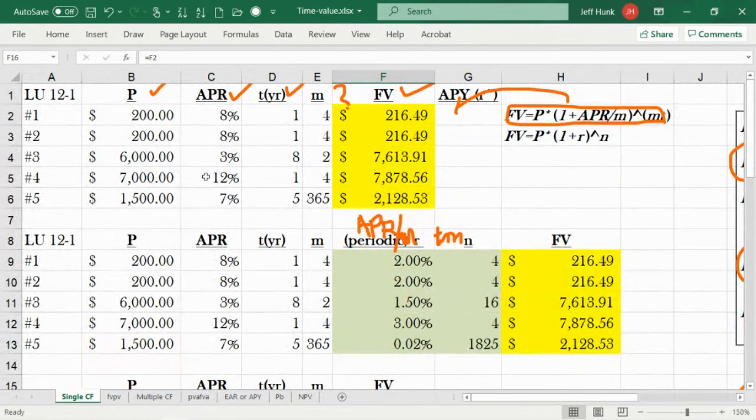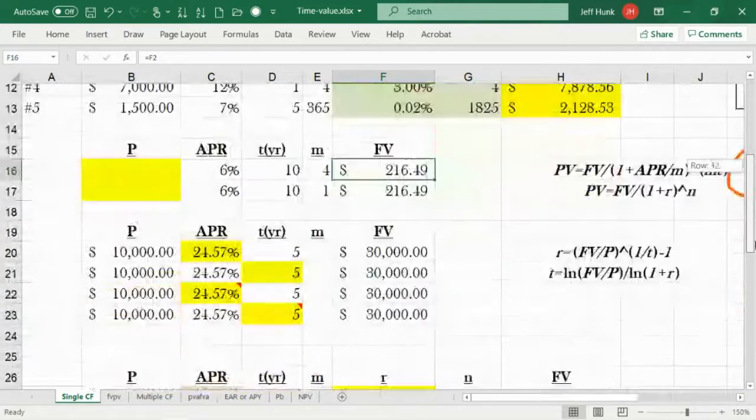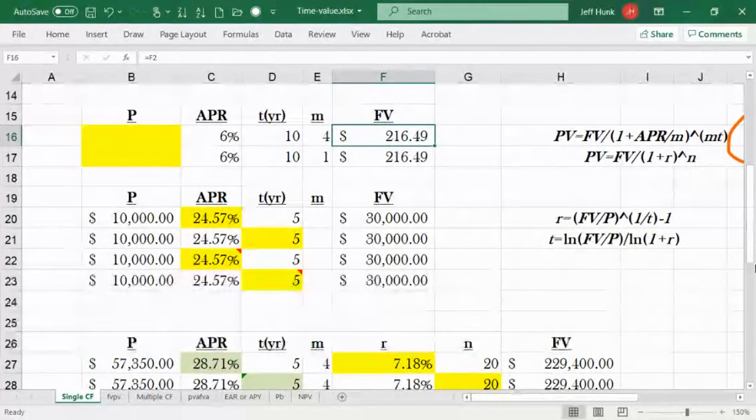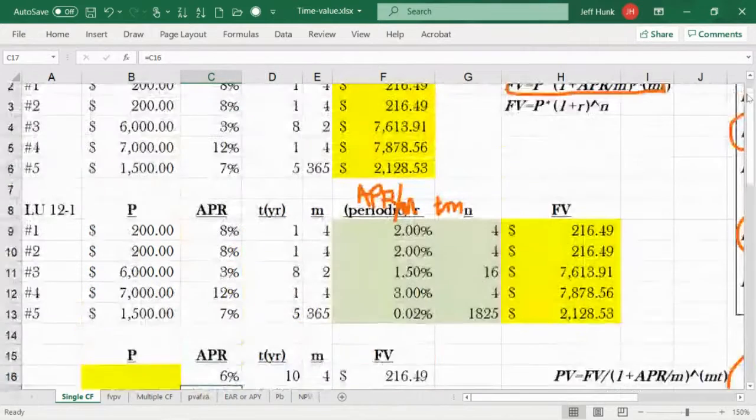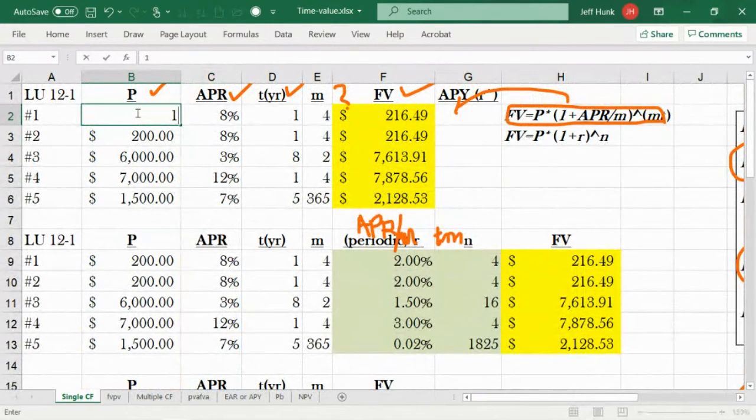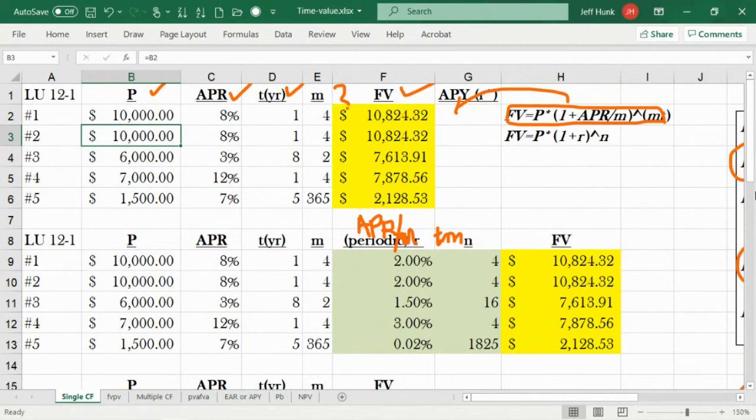We did LU 12-1 as an example, right? So let's put the problem upside down. Let's make it $10,000. The number is too ludicrous.